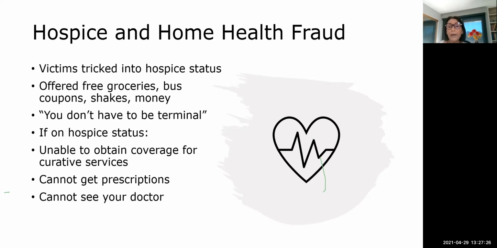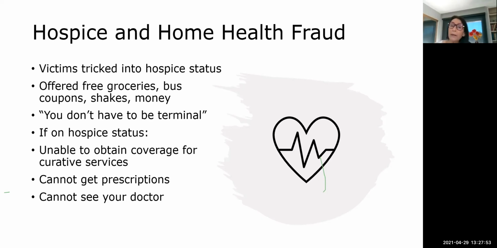The same thing happens with these hospice agencies who are doing things illegally. Now, I think everybody recognizes the term Medicare hospice. Hospice is a real benefit that is provided to people who are actually terminally ill. It provides them with what we call comfort care.